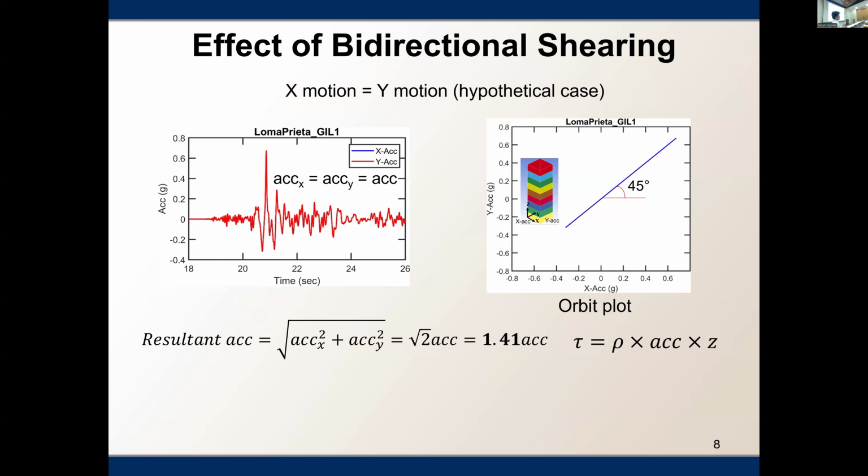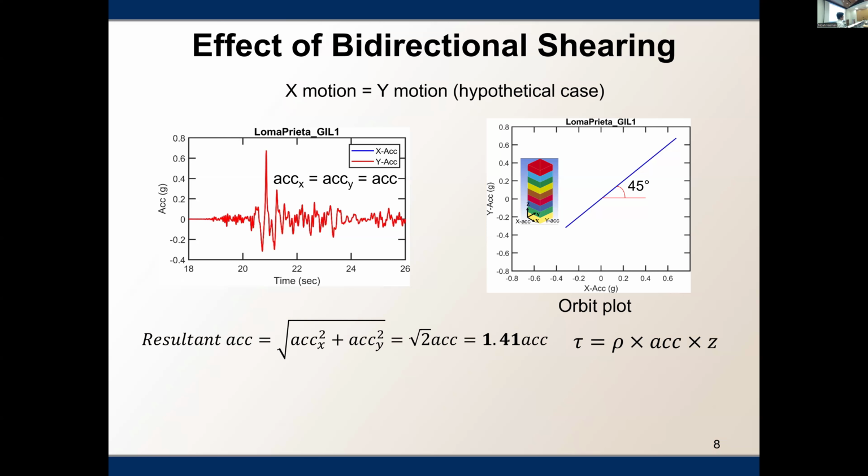If you were to calculate the resultant acceleration for this case, because x and y are equal, we would simply get √2 times the acceleration in either x or y. This means that if we do bidirectional shaking, we are getting 41% higher spectral acceleration than if we do it only in one direction.